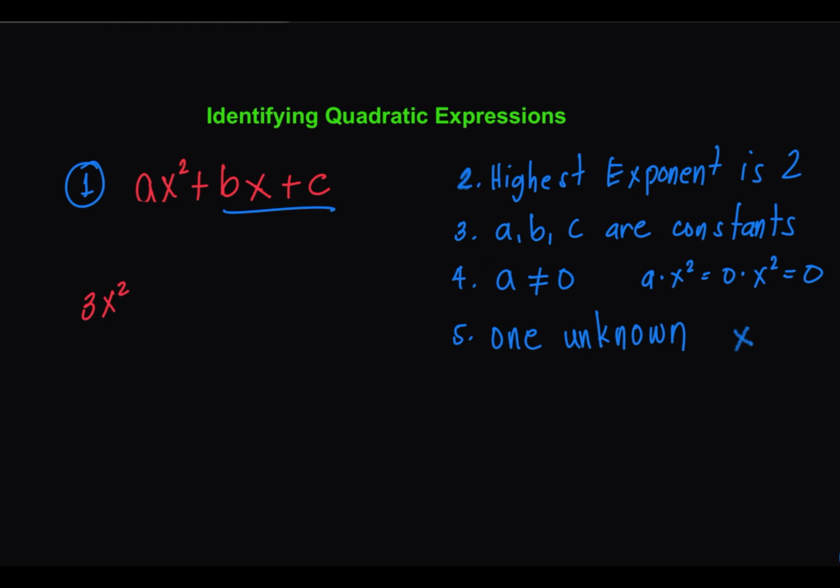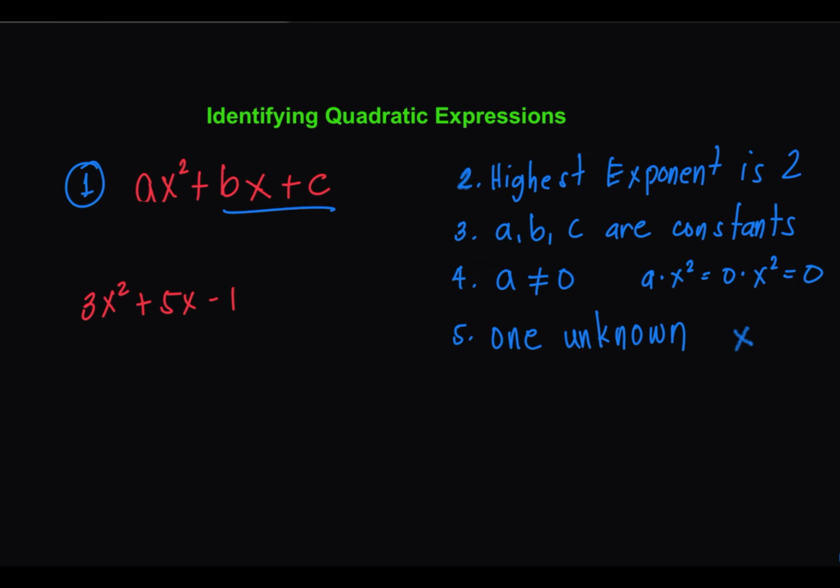3x squared plus 5x minus 1. Okay? So, i-check natin kung quadratic expression to. So, number 1, ax squared plus bx plus c. Okay? Dapat ganyan yung form.